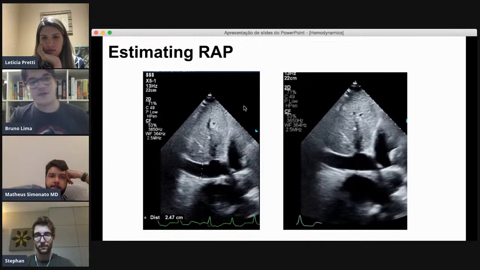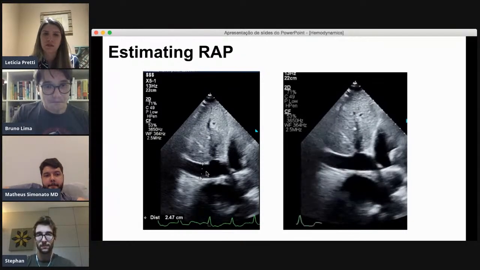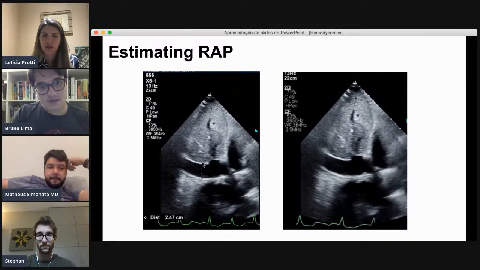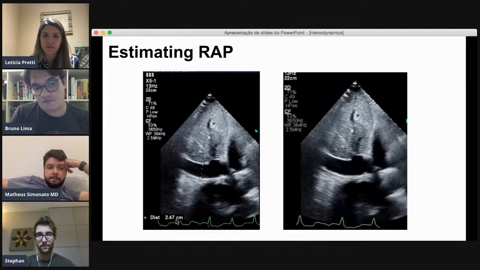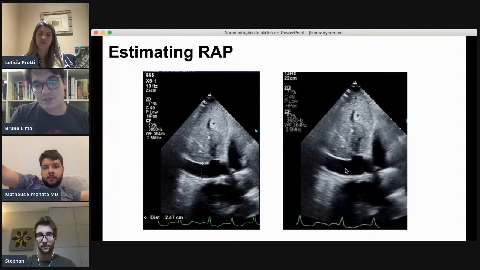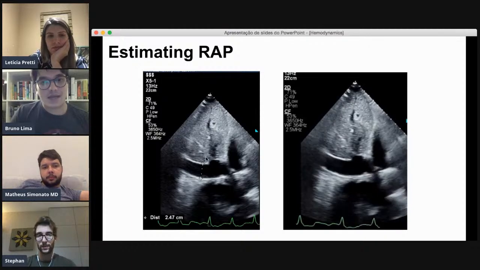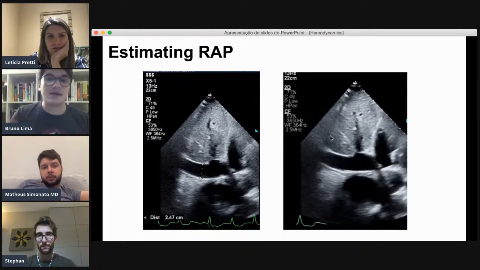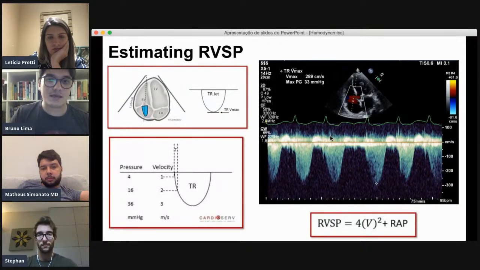As I mentioned, we can get subcostal views and then measure the IVC. In this case, it's almost 2.5, which is greater than 2.1. Then we ask the patient to sniff, and we see that it's not collapsible. So we have an estimated right atrial pressure of 15, by the tables that I've shown you.